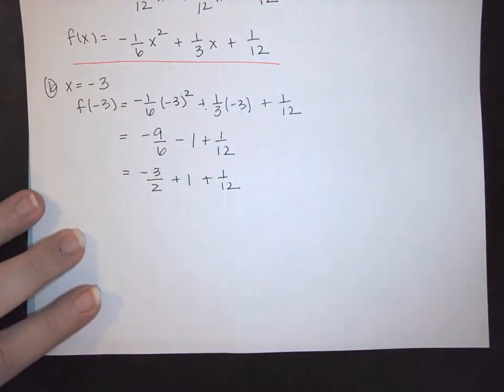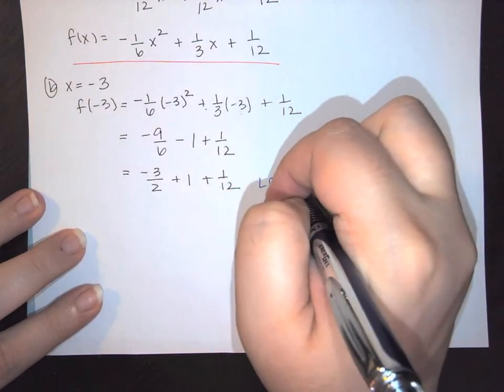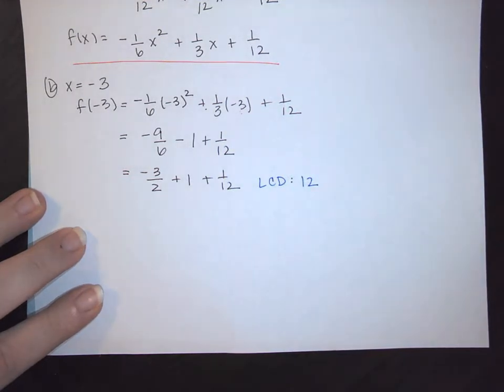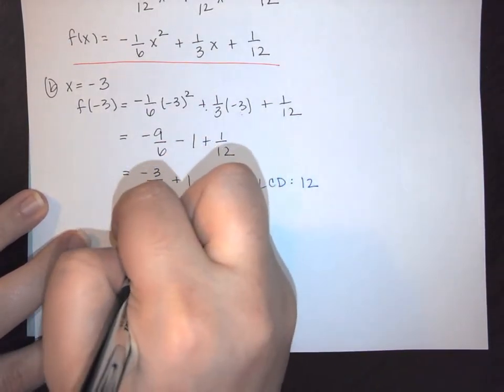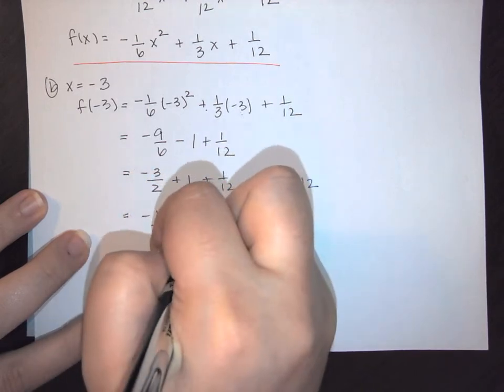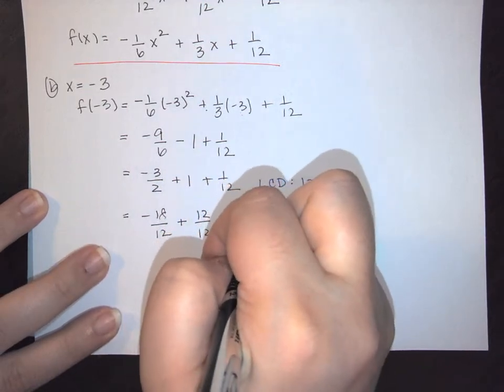Now to add these we need to have a least common denominator, which in this case is going to be 12. So here what we're actually going to get is negative 18 over 12 minus 12 over 12 plus 1 over 12.